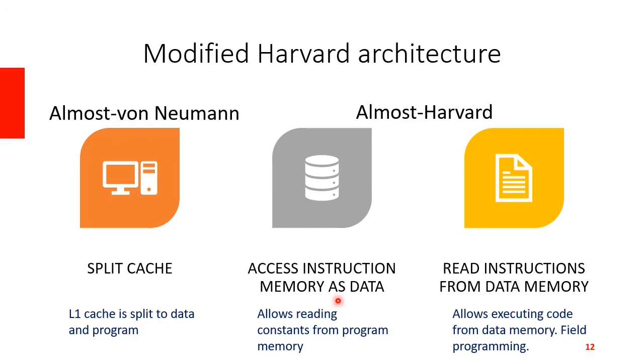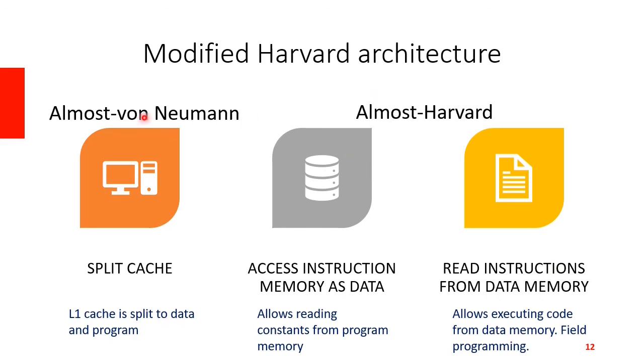These two, accessing instruction memory as data and reading instructions from data memory, are some features available in a Von-Neumann machine. When those features are added, it is a modified Harvard architecture. We are adding some of the features available in a Von-Neumann machine.